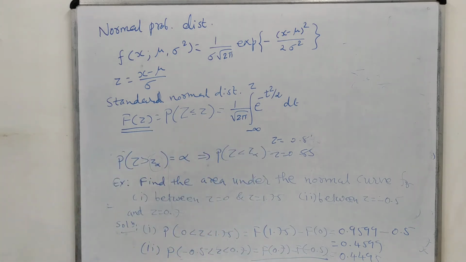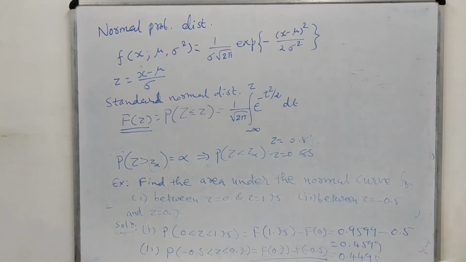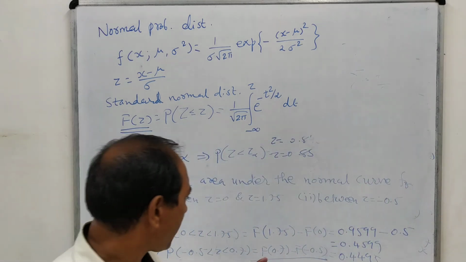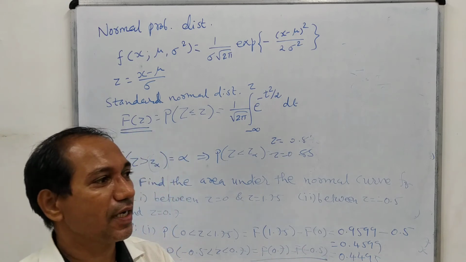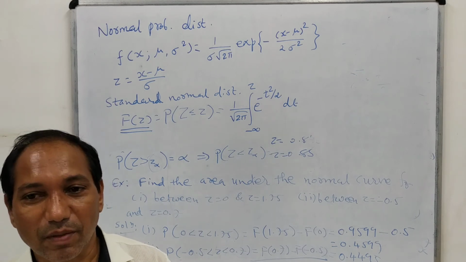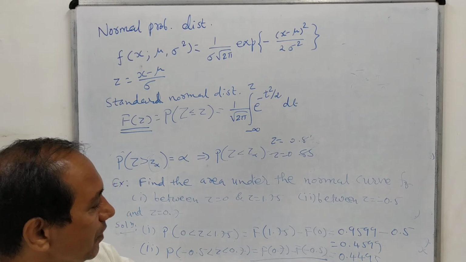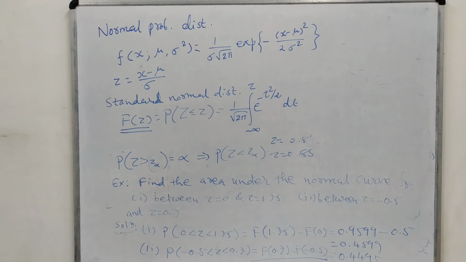Mostly in examinations, whenever we need some value like f of 0.7 or f of minus 0.5, it will already be given at the end of the example, so we don't require referring to the whole table. Have you understood?